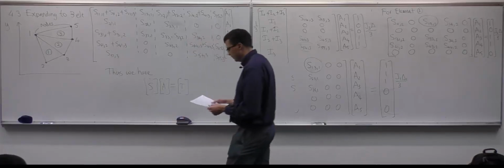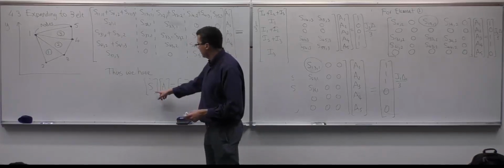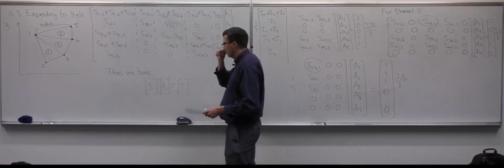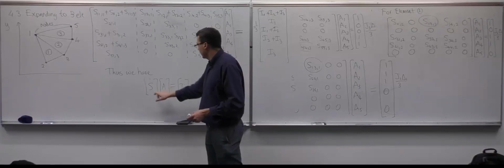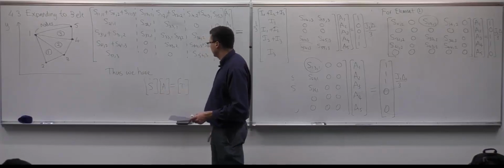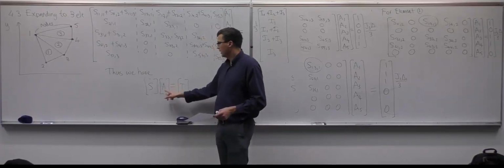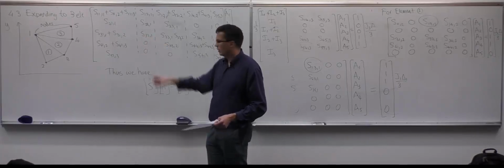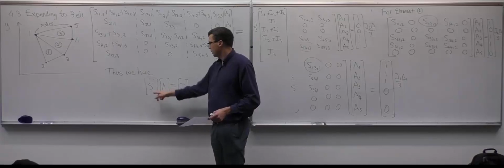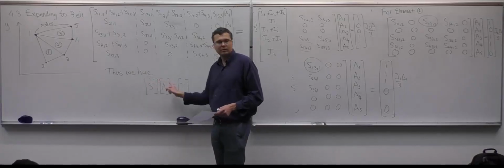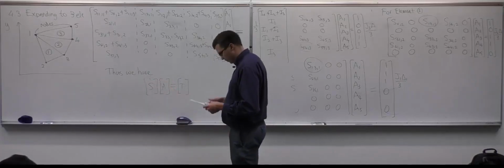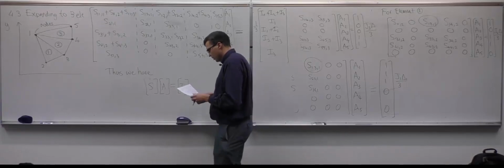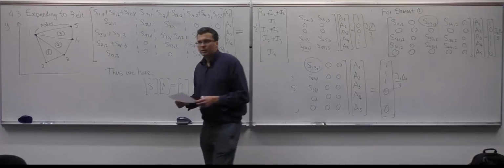And again, this S matrix would typically have quite a lot of zeros in it for a big problem. And so then we can solve for the magnetic vector potential at each node point by taking the inverse of this. And then you'll get the answer. Any questions on that?